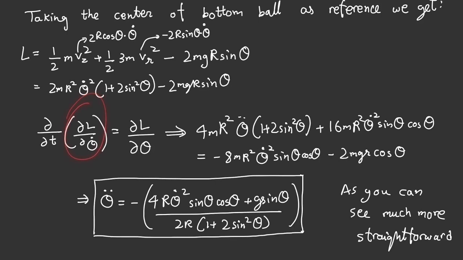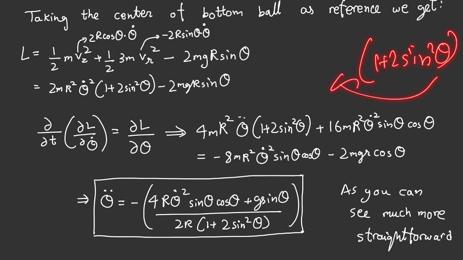So say you differentiate that with respect to theta dot, you just get 4m r square theta dot, and then differentiating again, 4m r square theta double dot. So say you differentiate this with respect to theta dot, what do you get? 4m r square theta dot into 1 plus 2 sine square theta.